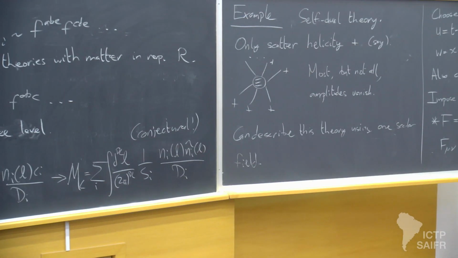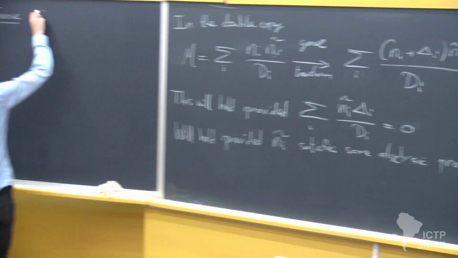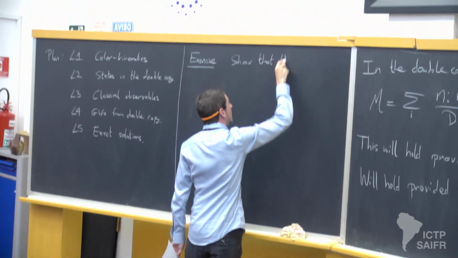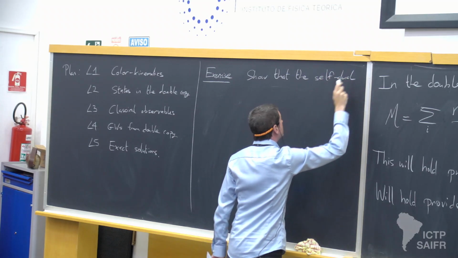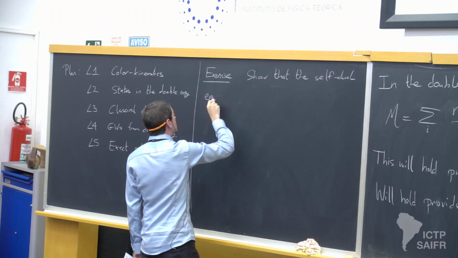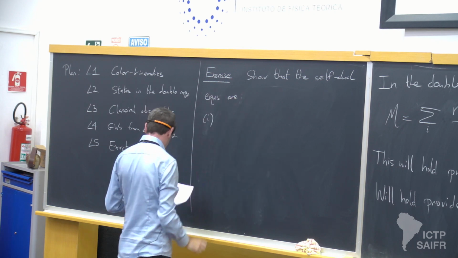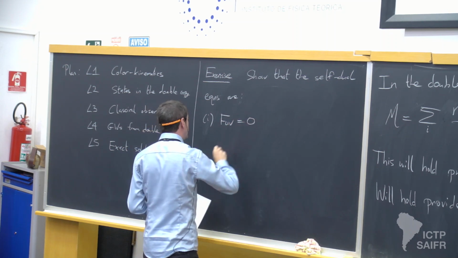Now the self-dual equations, and I'm going to leave this as a little bit of an exercise. You can show that the self-dual equations imply, this is basically the component form, there are 3 equations. One of them is F_uv equals 0.